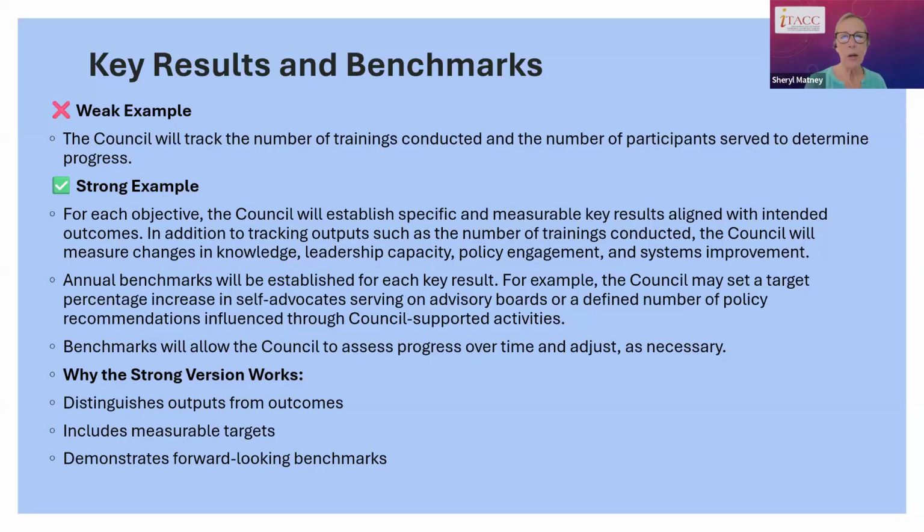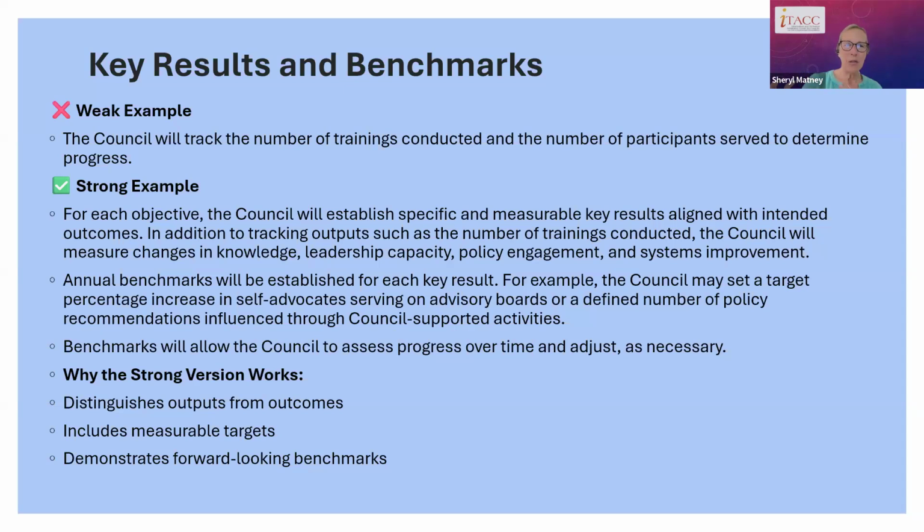And so you could make a statement like, yeah, we're going to count the number of trainings we did and the number of people. But to determine progress on what? So here's some suggestions.